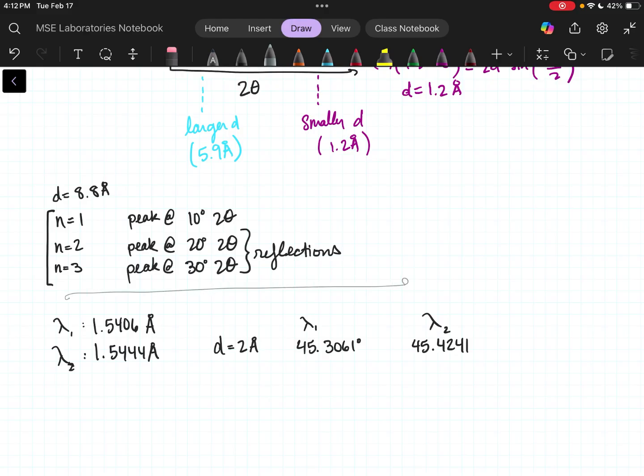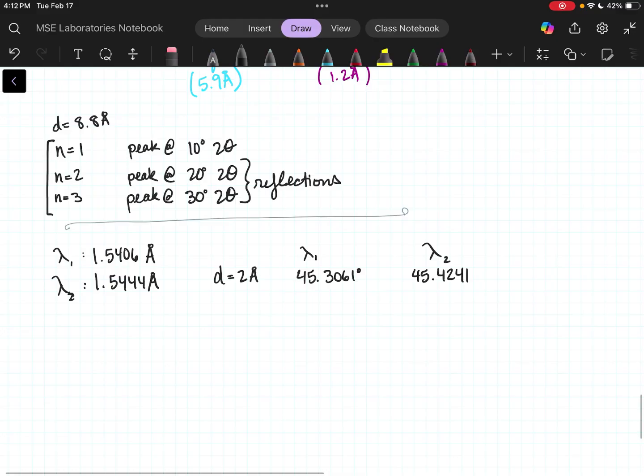So this is assuming that N stays the same. There's a break in the data here. And you can see we've got a difference of about 0.118-ish degrees.